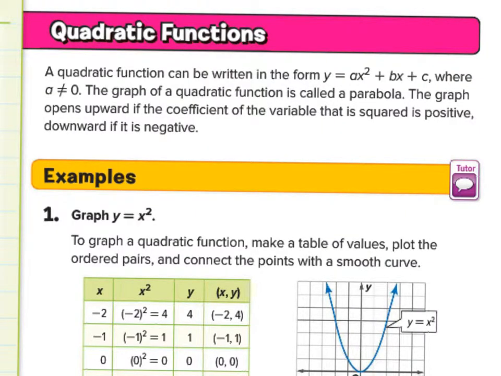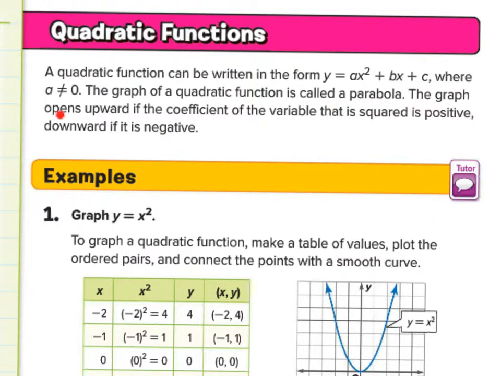Okay, and now we come to our first key point, quadratic function. What are they, essentially? A quadratic function can be written in the form of y equals a times x squared plus b times x plus c, where a cannot equal 0. The graph of a quadratic function is called a parabola.